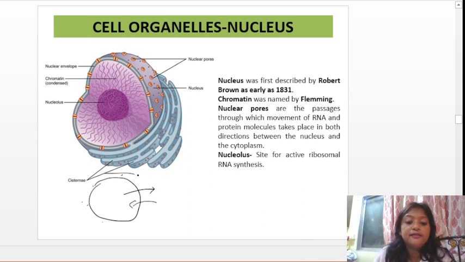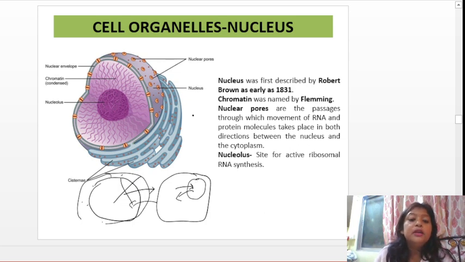So we know that there is a cell, and inside the cell there is the nucleus. From the cytoplasm, the molecules are going outside, and from the cytoplasm they are coming in, and from the nucleus they are going outside. So the nucleus contains a nuclear membrane with pores through which this transport of molecules occurs, and it also contains the nucleolus.